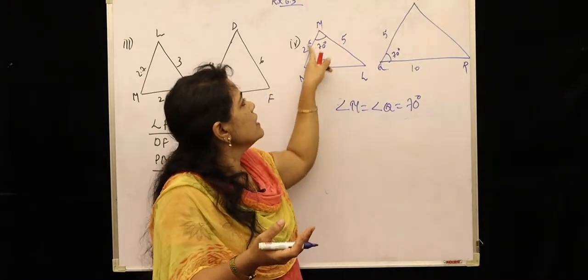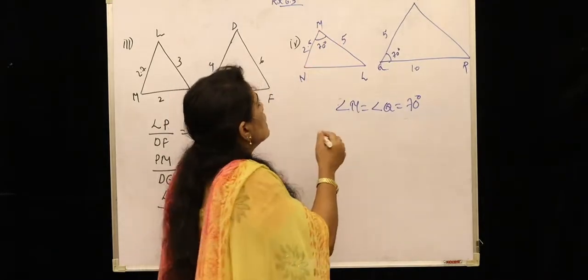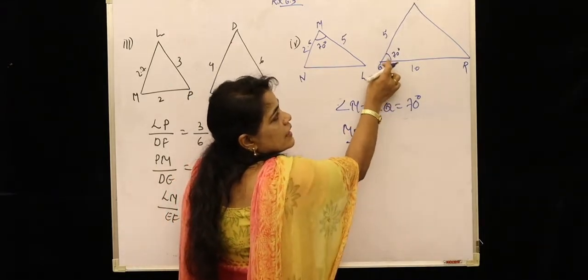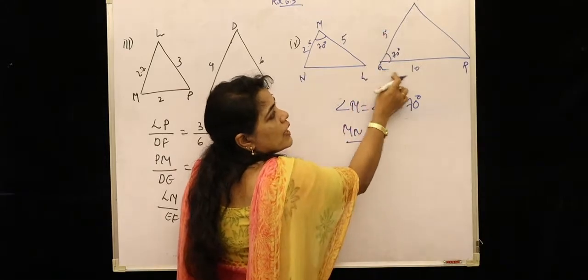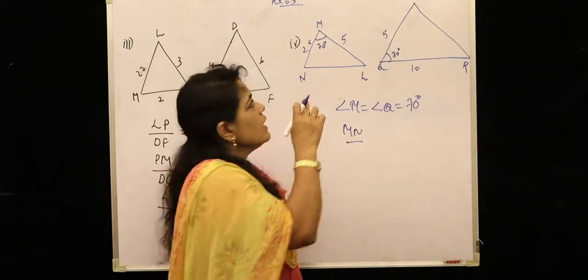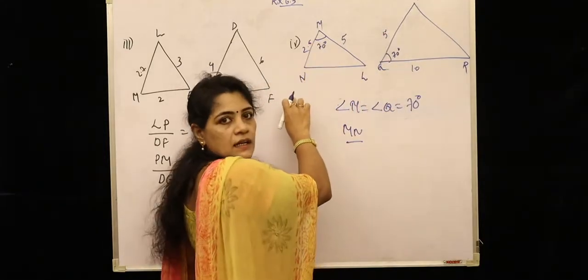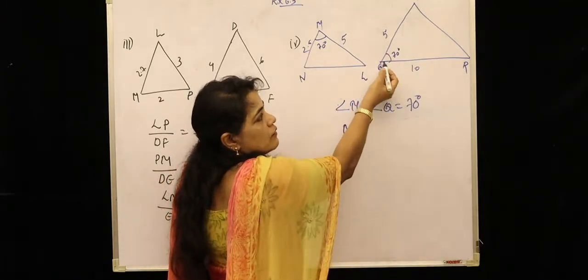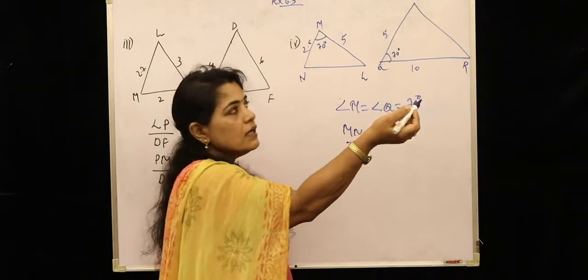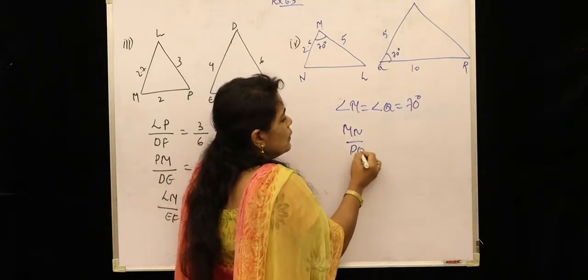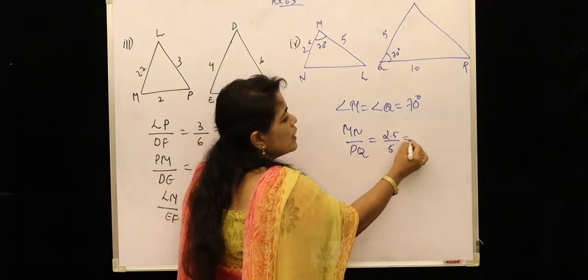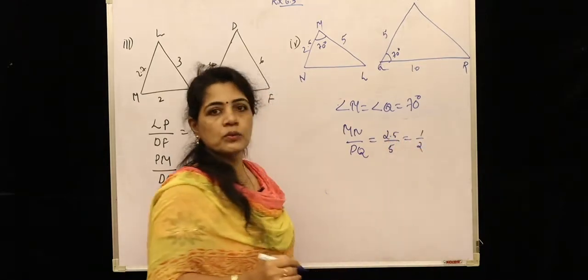Okay, I am taking the first side, that is MN divided by PQ. The 70 degree angle's sides are PQ and QR. I have taken one of the including sides, that is MN, so I am taking one of the including sides of the second triangle, that is PQ. And here MN you can substitute as 2.5 divided by 5, that is again 1 by 2.